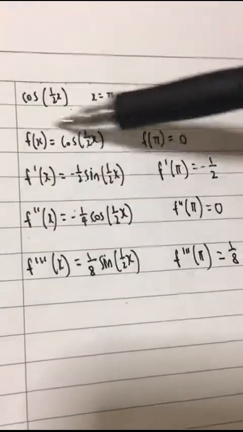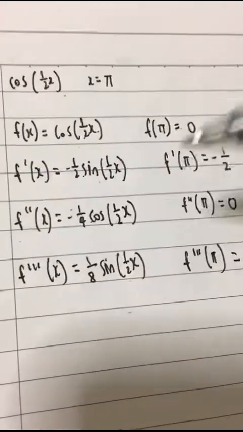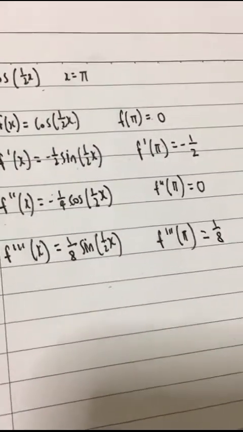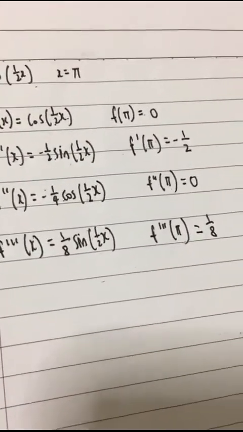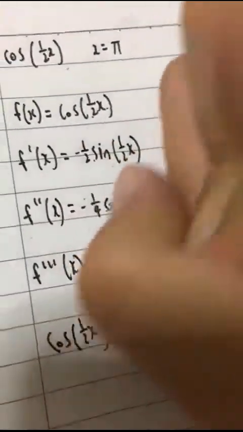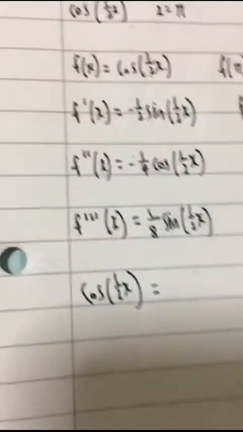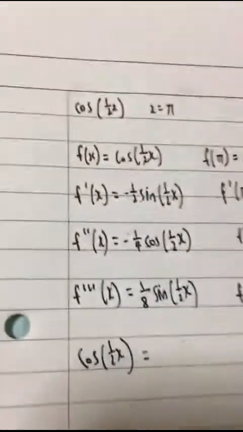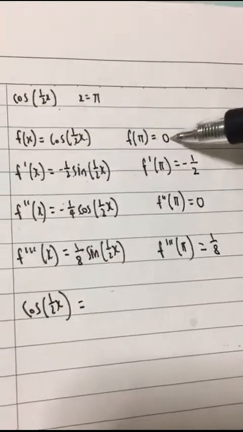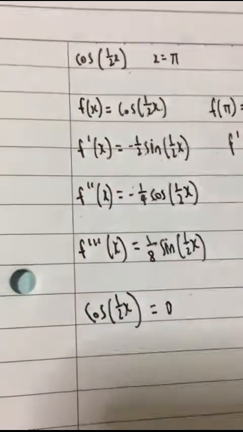And this was my original, what I was given. So this is the Taylor series. Now we need to write the Taylor series out. Just write cosine half x equals, according to the formula, the first term, 0.